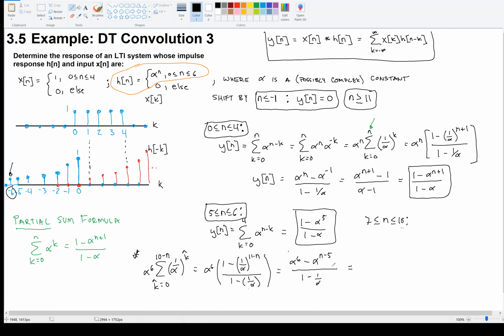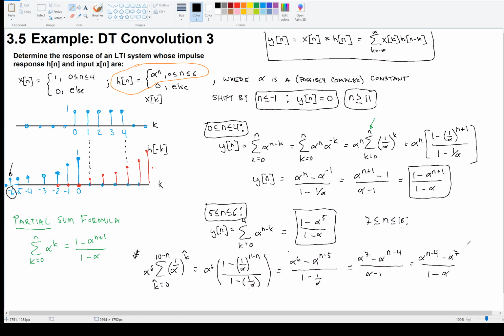Now, just to clean this up a little bit, multiply the top and the bottom by alpha. So this is alpha to the 7th minus alpha to the n minus 4, right? Add the exponents, over alpha minus 1, and usually this is written by taking a negative out of both the numerator and the denominator. Alpha to the n minus 4 minus alpha to the 7th over 1 minus alpha.